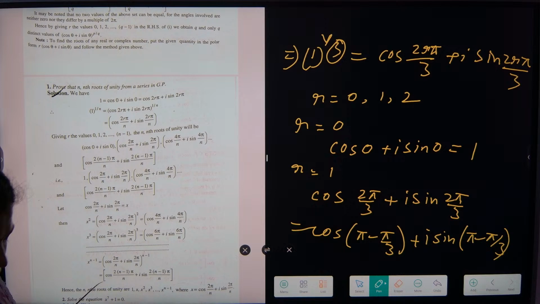Convert this and find the value. So what will be the value?